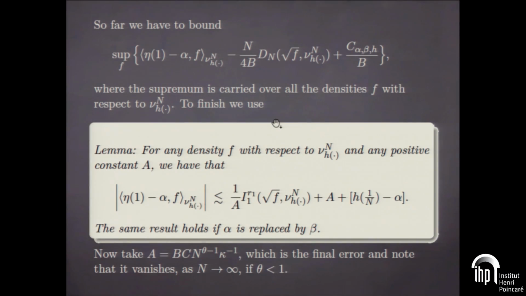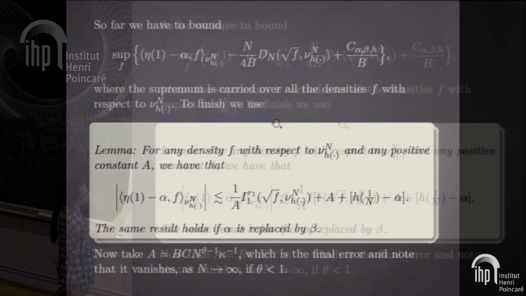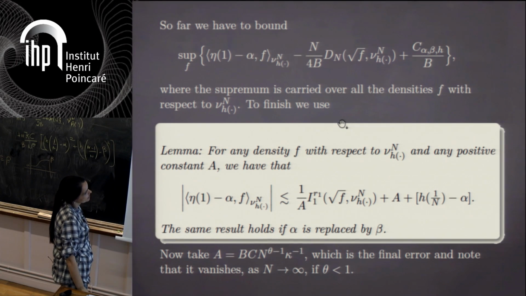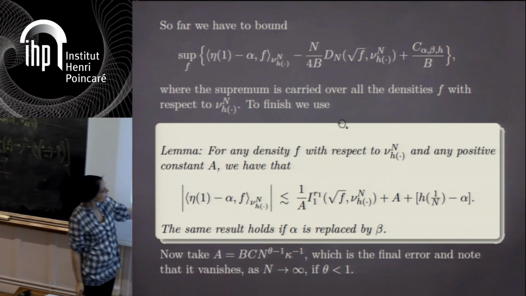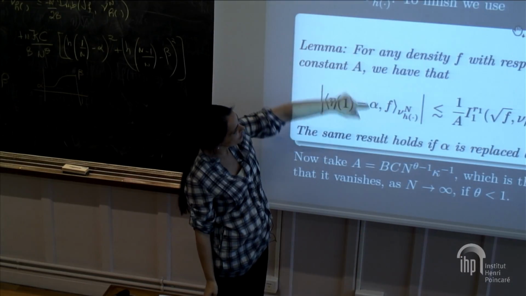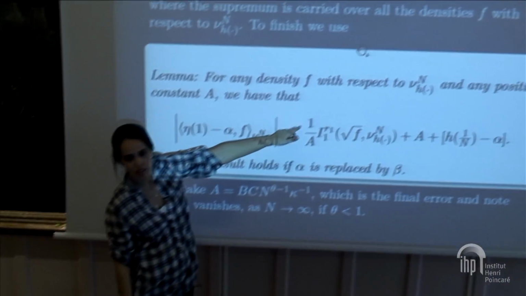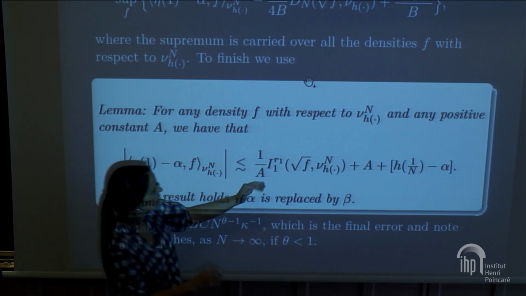So far we have to bound this supremum over there. And I say, to finish, I compare this term, which is the guy over there. So this means that there is a constant in front of everybody. I don't want to take care of the constants, I put this.